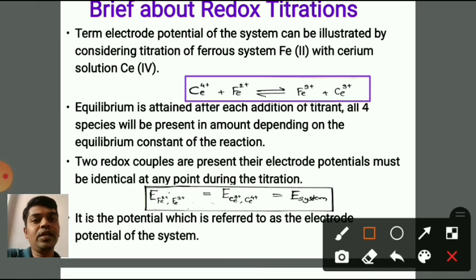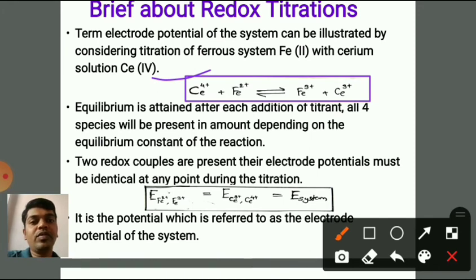Okay, so these are the electrode potentials of the system during the titration of the ferrous system, Fe2 plus, with the cerium solution Ce4 plus from the burette. Okay, so the equilibrium is attained. This equilibrium is attained after each addition of titrant.